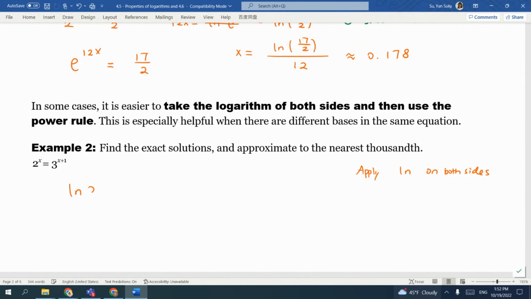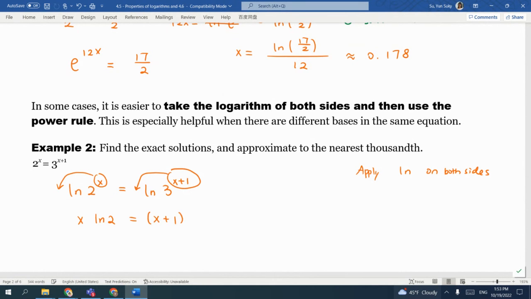Then we have ln 2 to the x equals ln 3 to the x plus 1. We apply ln on both sides. Next, we can move the exponent down in front. So we have x times ln of 2 equals x plus 1.